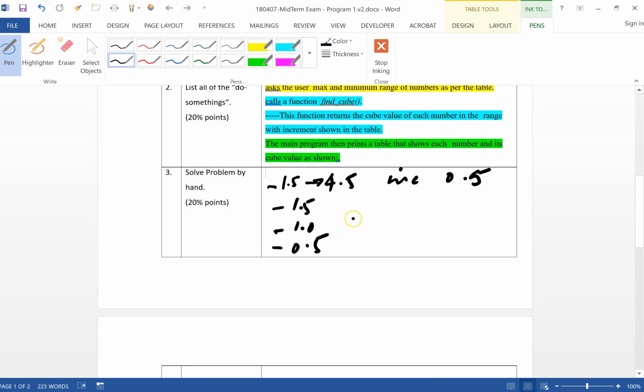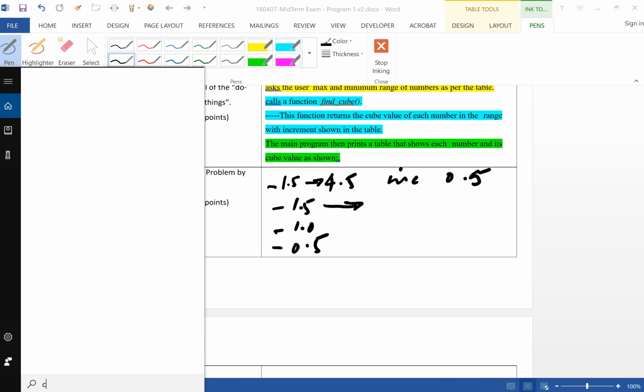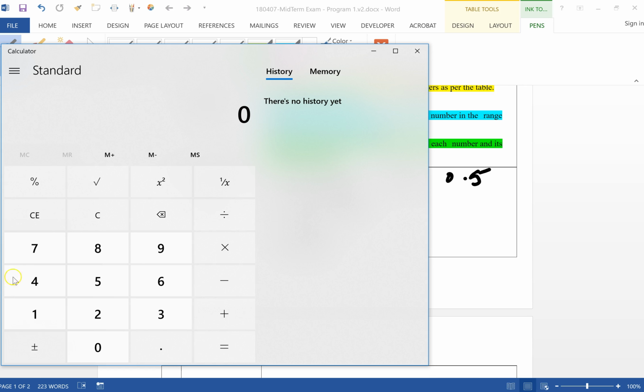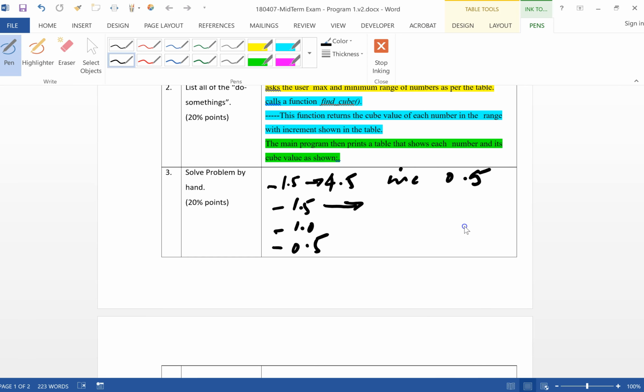As far as cube is concerned, we can actually just take, let's say, 1.5, and then bring up the calculator, and we can say 1.5 multiplied by 1.5 multiplied by 1.5, and the answer is 3.375.